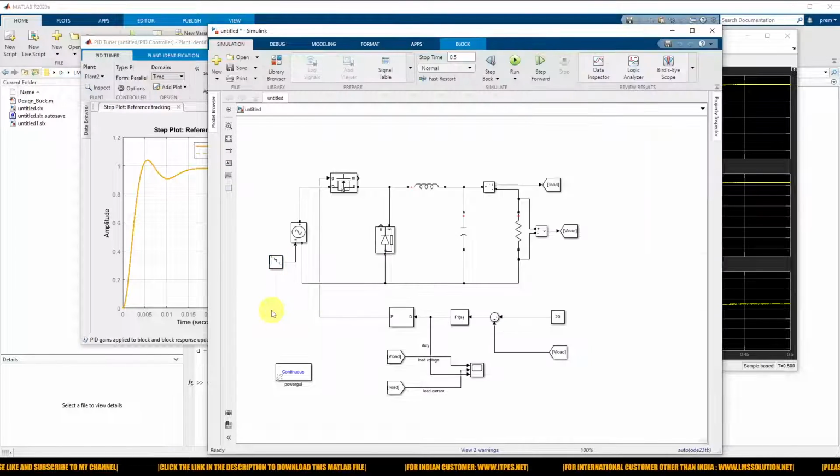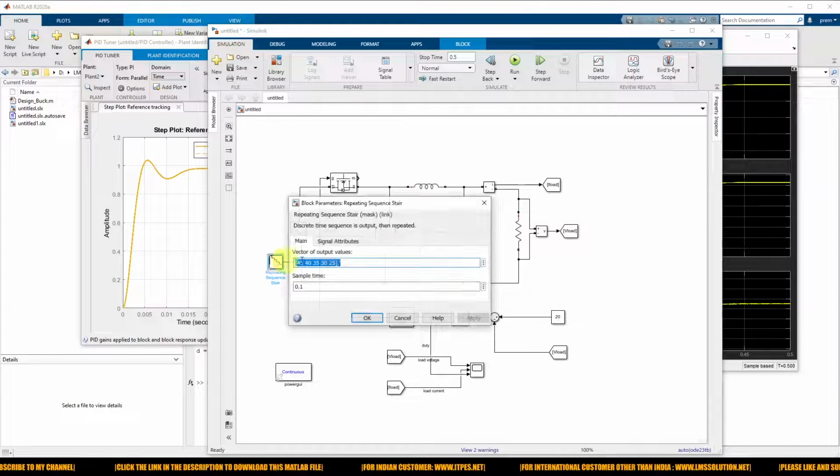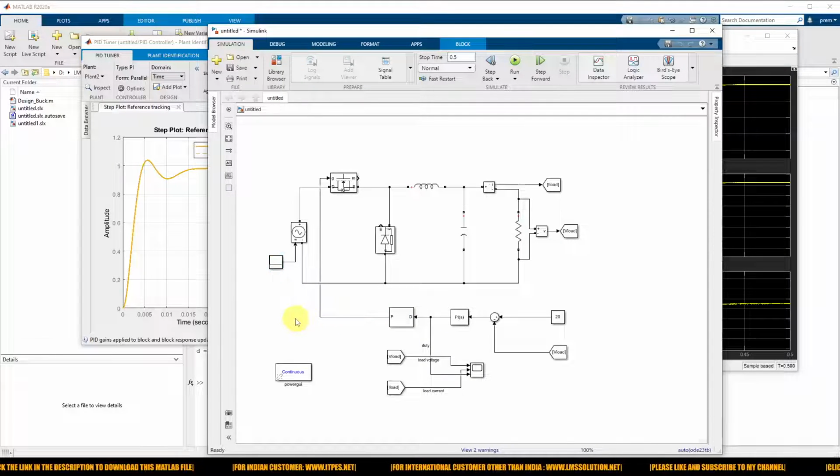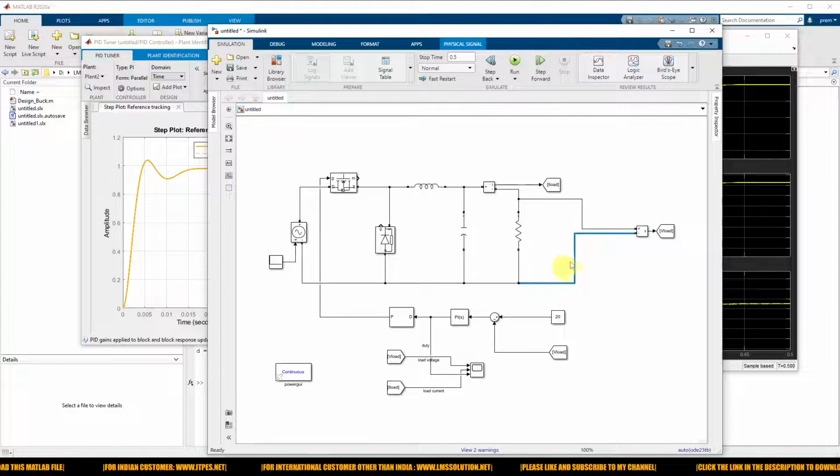Next we check with the variation of load. Here I'm going to fix the voltage at 14, and then I'm going to make another arrangement to vary the load resistance.